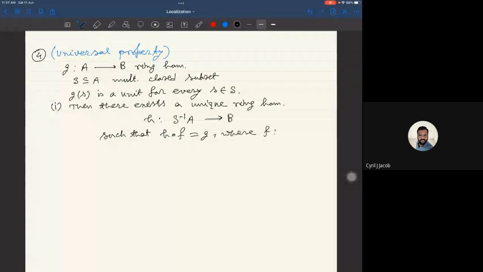F is that natural ring homomorphism A to S inverse A, a goes to a by 1. Okay. So this is the universal property.